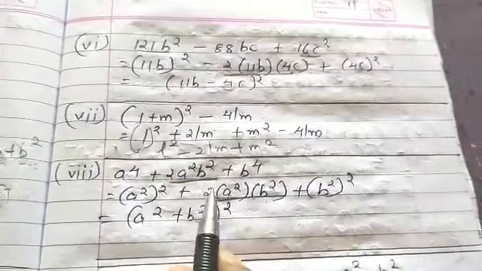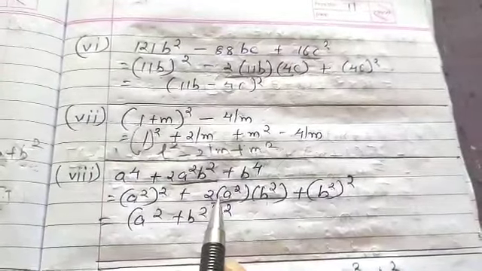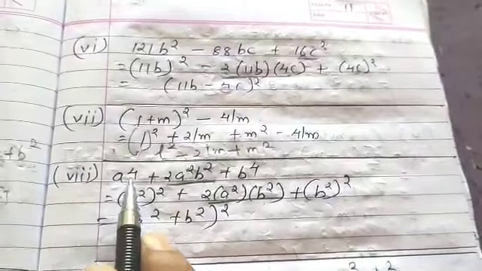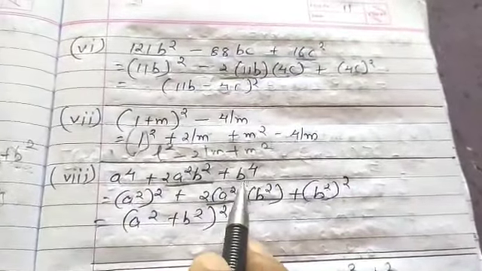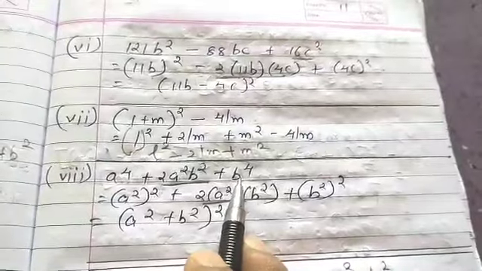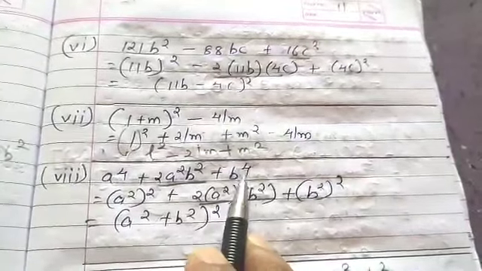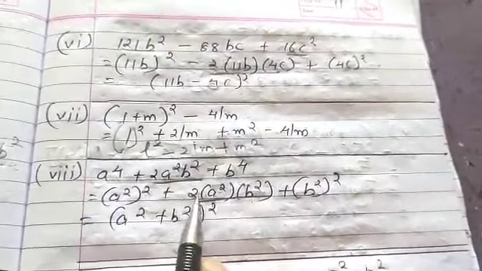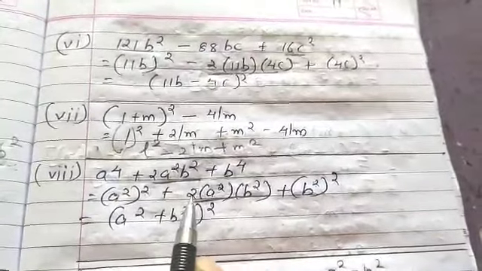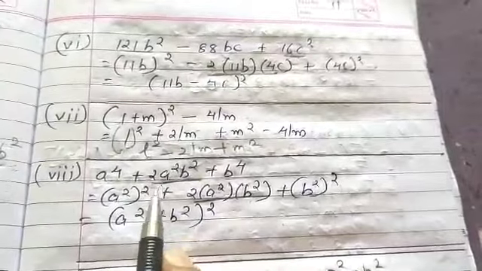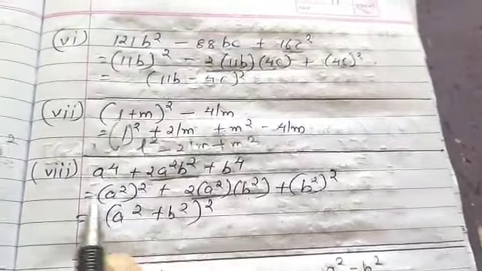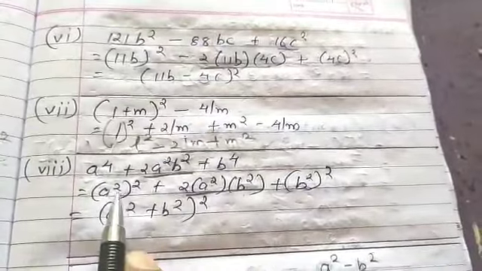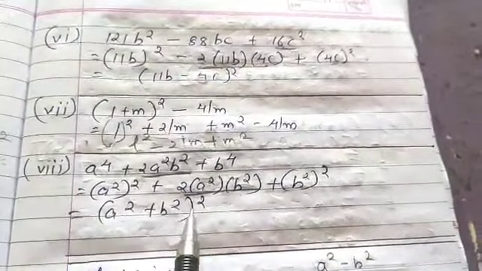Then in the middle term you write 2 multiplied by the root of the first term, that is the root of a raised to the power 4, which is a square, and the root of the last term, that is b raised to the power 4, whose root is b square, and check: that is 2a square b square, yes it is there. The value of this identity equals (a square, that is the first term, plus b square, that is the last term) the whole square.